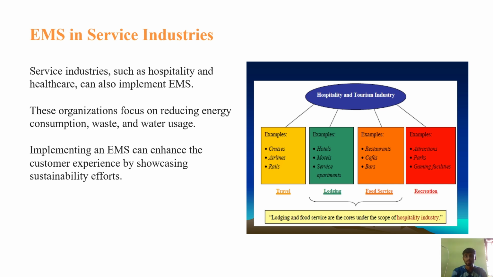And the hospitality and tourism industries are examples. Railways, hotels, cafes, bars, and parks come under the hospitality and tourism industries, or travel, lodging, food services, and other services.